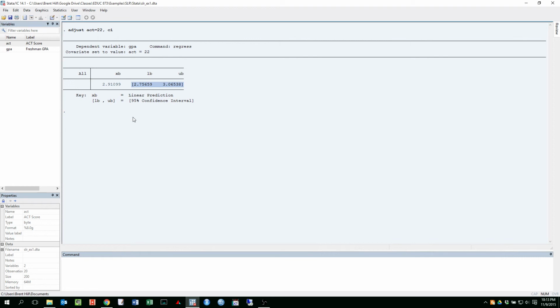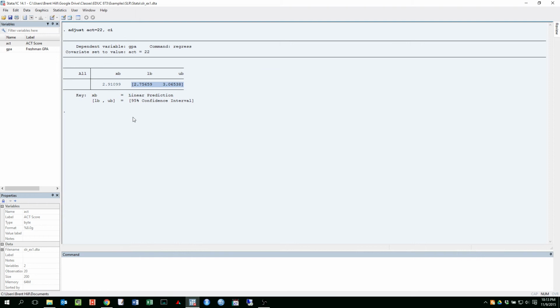So for that conditional distribution, that conditional population where ACT scores are 22, we could say we're roughly 95% confident that the mean GPA is somewhere between those two numbers. That's not a completely technically correct interpretation, but that's generally how people will talk about it in their findings, and it gets the point across.